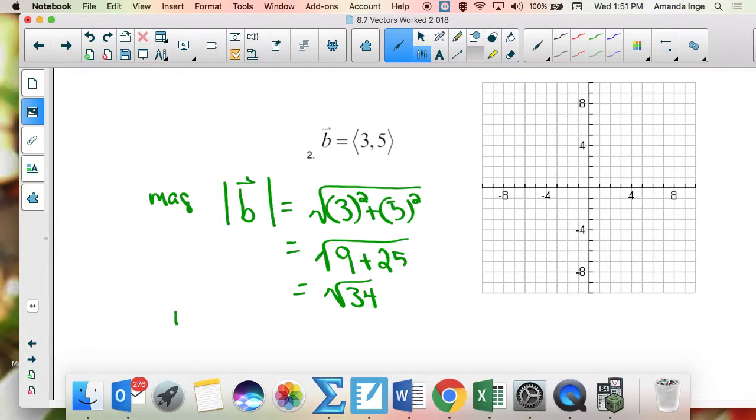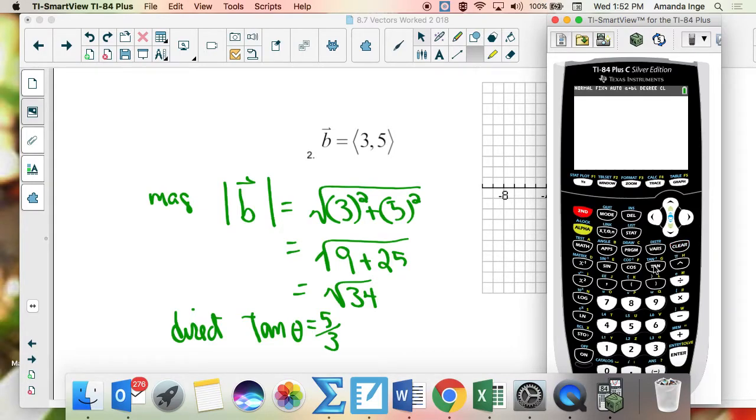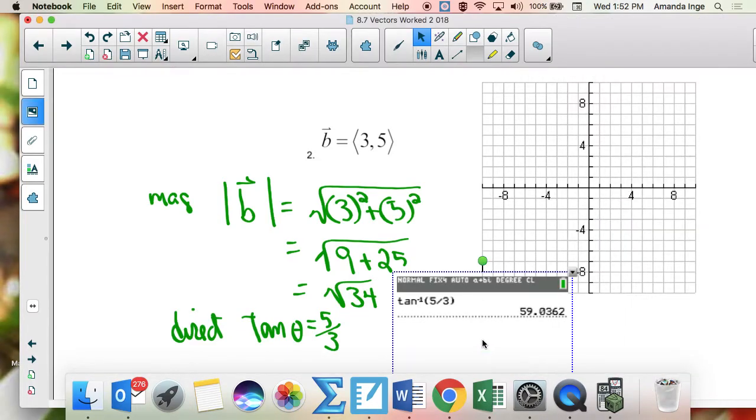The direction is the tangent of theta is equal to the y value over the x value. The second tangent, 5 divided by 3. We get 59 degrees.